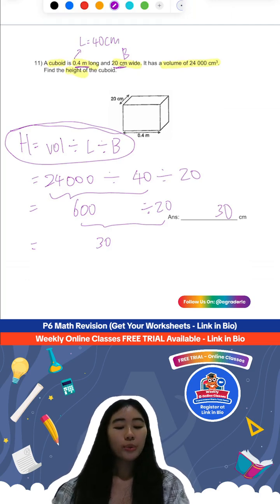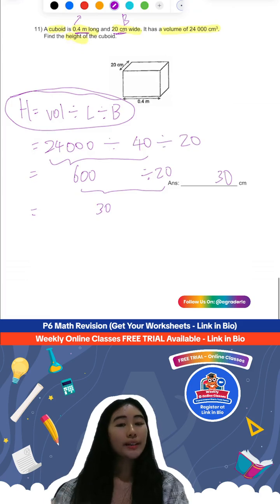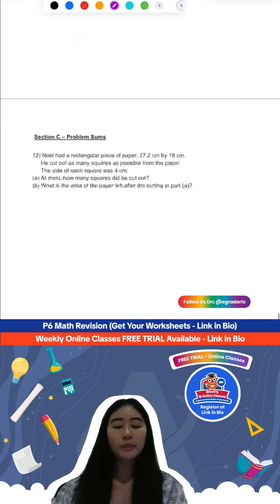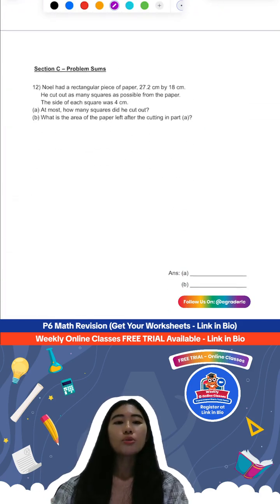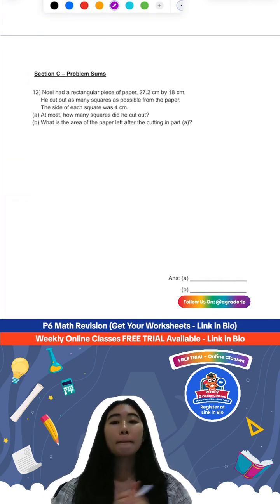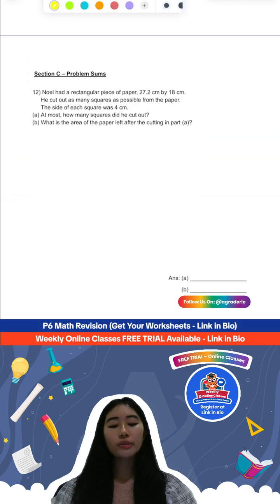So we are done with our section B. We only have one problem sum today, which is this one. I don't think it'll take very long. I'm going to read the question first. Noel had a rectangular piece of paper, 27.2 cm by 18 cm. He cut out as many squares as possible from this piece of paper.